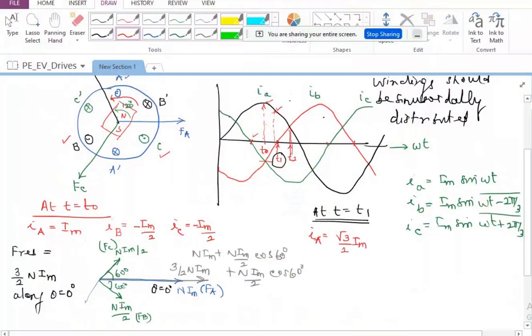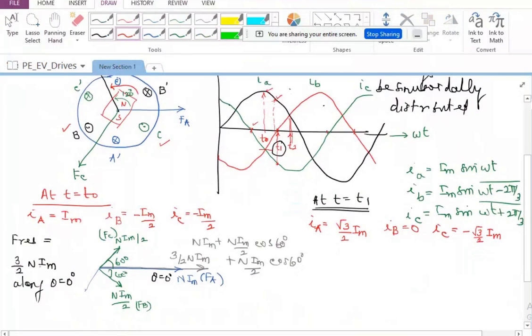And IB at this point is 0. Whereas IC, if I try to look at it, is on the other side, and it is going to be minus root 3 divided by 2 Im.